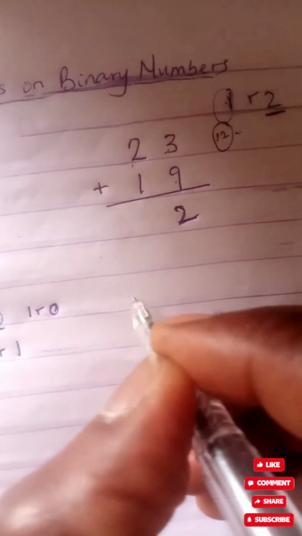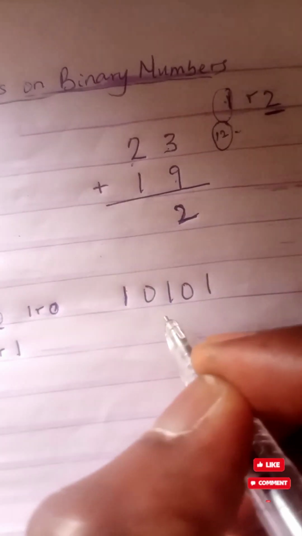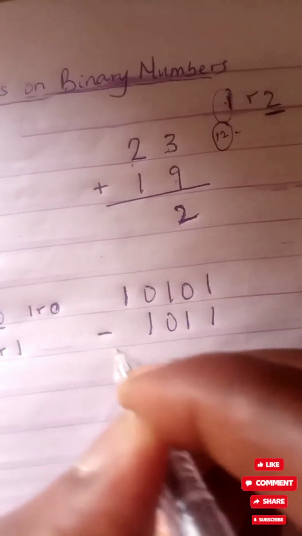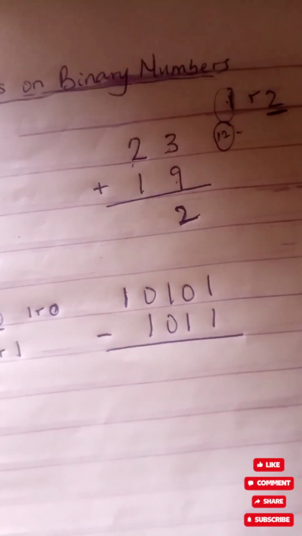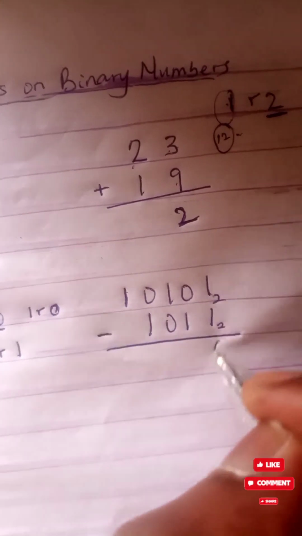So let's get on with the subtraction. We want to subtract 1011 from 10101. Now 1 minus 1 is 0, so no qualms about that.